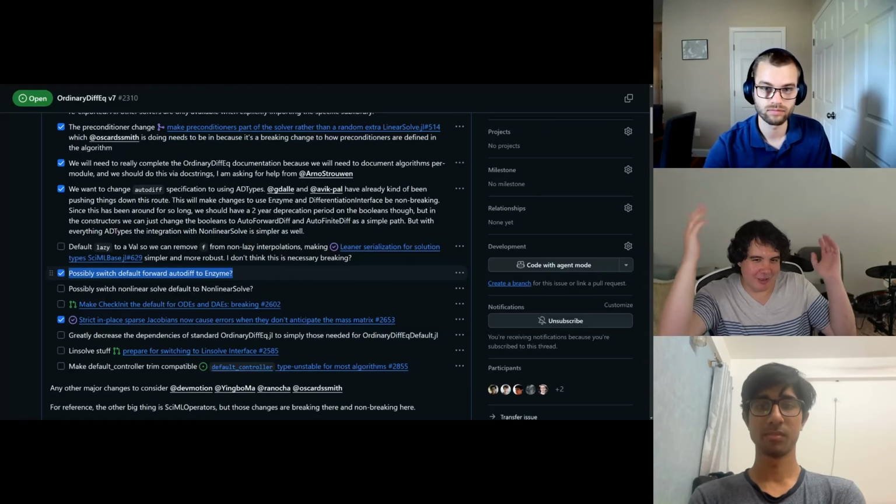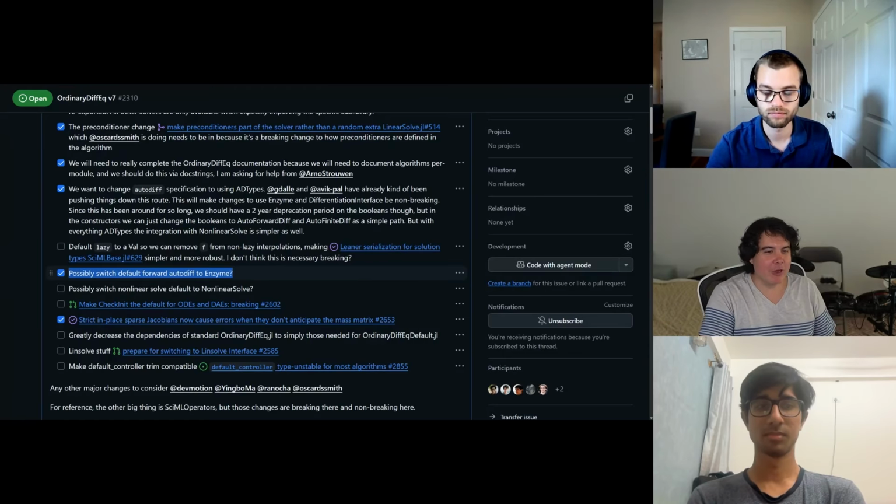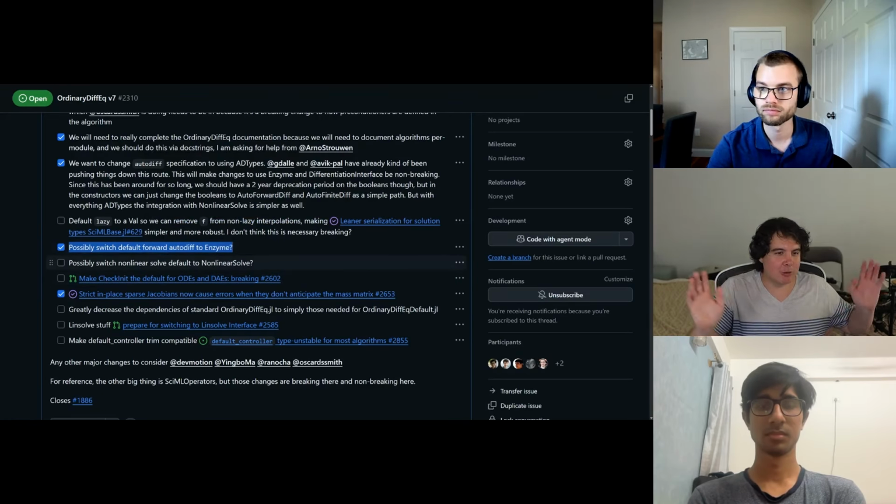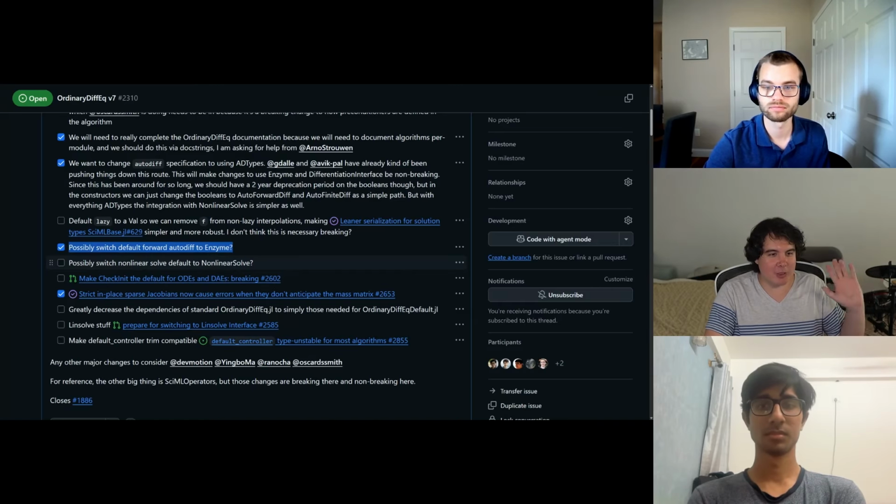So it's very easy to tell the ODE solver to use Enzyme as the automatic differentiation, but defaulting to ForwardDiff means that we always support day one on new Julia releases, and that's just too strong of a property to give up, right? Mooncake and Enzyme just cannot guarantee that behavior.